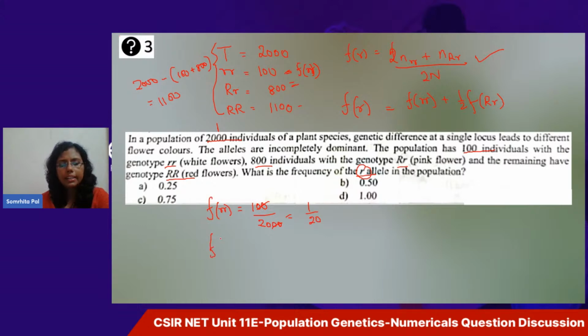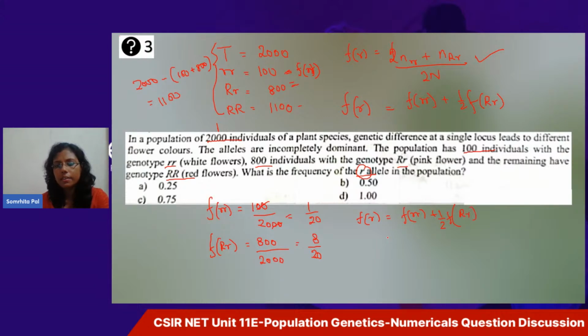What else do I need? I need the frequency of the heterozygous. The frequency of heterozygous will be 800 by 2000, which again is 8 by 20. Now I can simply place it in the formula: f of R is equal to the frequency of RR plus half of the frequency of my heterozygous.